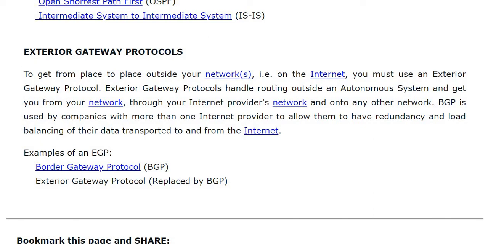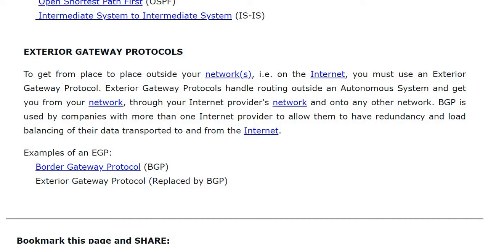But if we say exterior gateway protocol, it is to get from place to place outside our network, not in the autonomous system, that is on the internet.